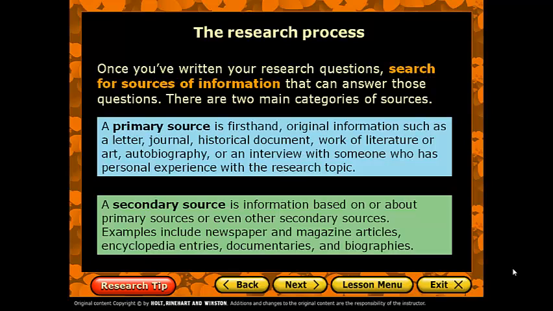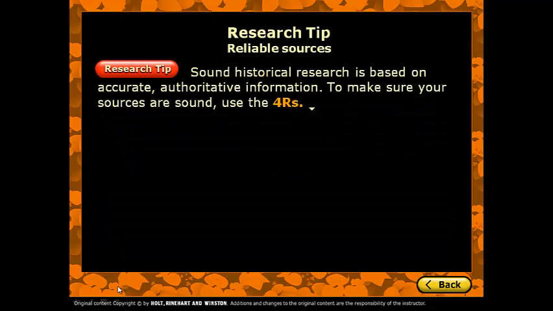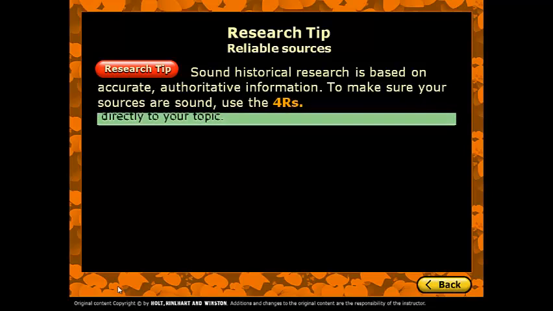But when we look at our sources of information, we have to consider something else. There's a lot else that you consider, but one that we need to consider is that we make sure from the get-go, from the very beginning, that we're looking for reliable sources. And we follow the idea of the 4 R's to help us remember what kind of sources we need.